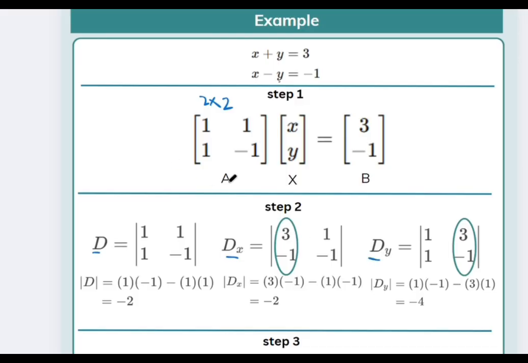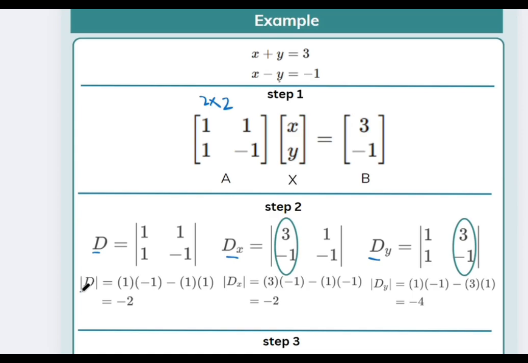D is simply matrix A, and for Dx we substitute the first column with our B matrix, while for Dy we substitute the second column with matrix B. For Dz, in a 3 by 3 matrix, we substitute the third column with matrix B. After that, we calculate their determinants.